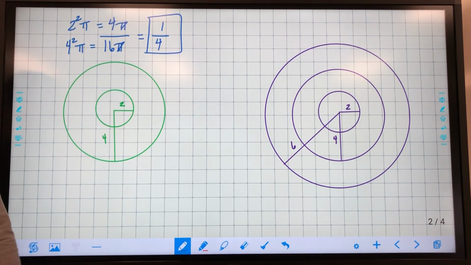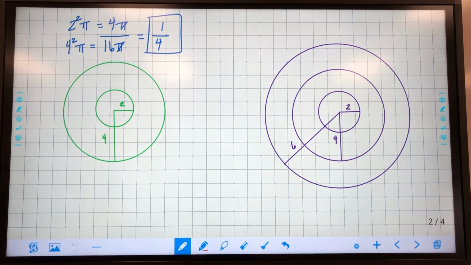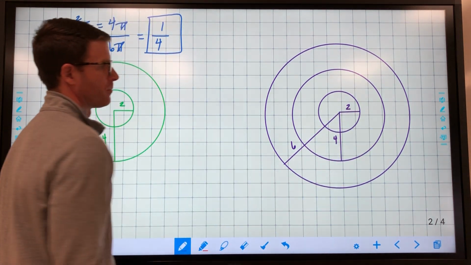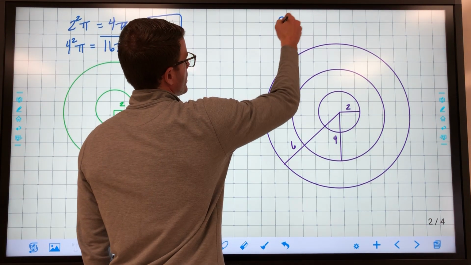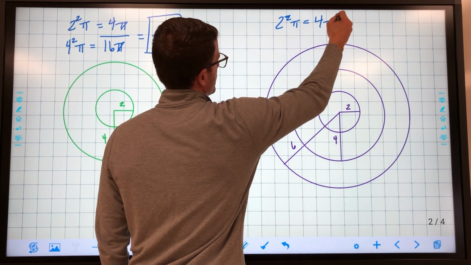All right, let's say that the target is actually much bigger. The bullseye stays the same, but the target is a lot bigger. So again, I'm just going to find the area of the bullseye. It's the same bullseye, so it's going to be 2 squared pi, 4 pi.